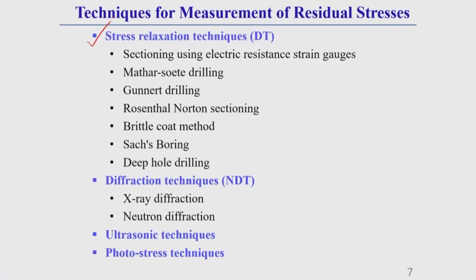So, the related topics I will discuss in this course in detail, like the techniques which are commonly used, which are stress relaxation techniques. It is a destructive technique. Here these are the different technique names I have shown. Whatever names I provided earlier are more or less similar to these, but depending upon some inventor names, these techniques also have different names.